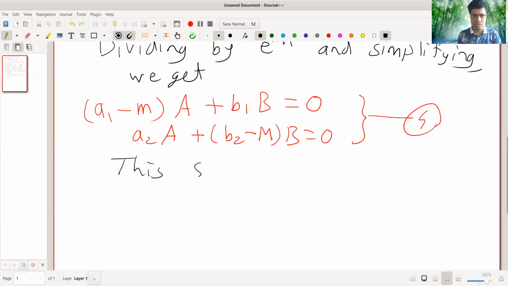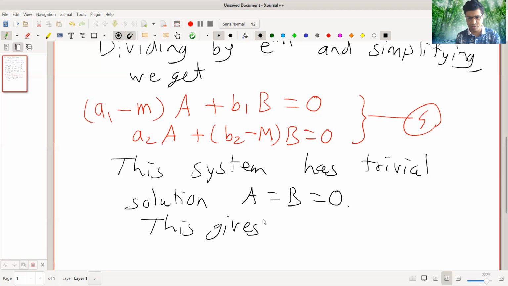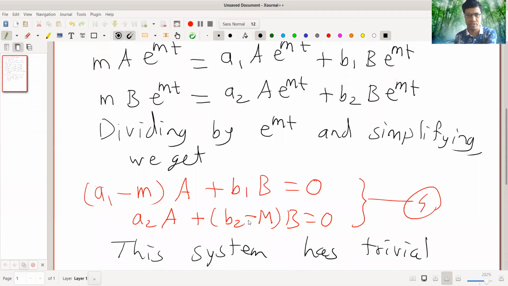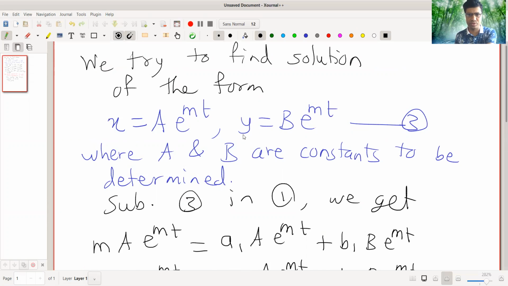This system has the trivial solution A equal to B equal to 0. Okay, so if we substitute these values in 3, A equal to B equal to 0, then we get X equal to 0 and Y equal to 0.